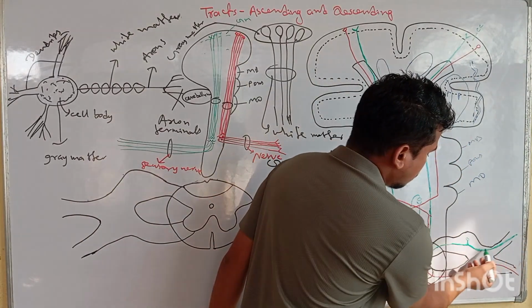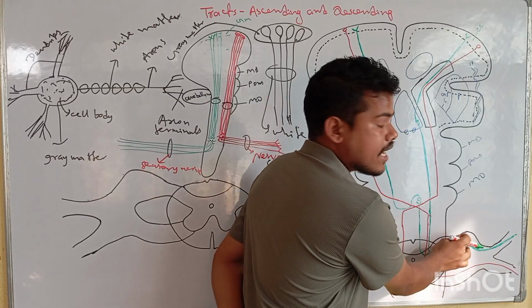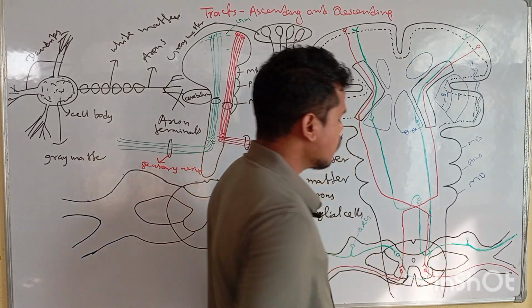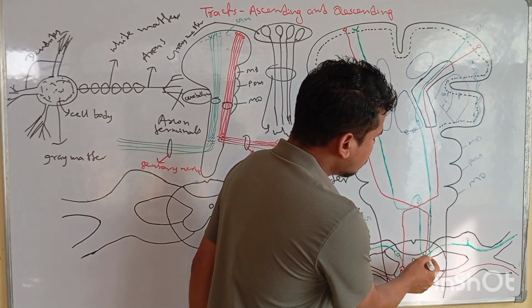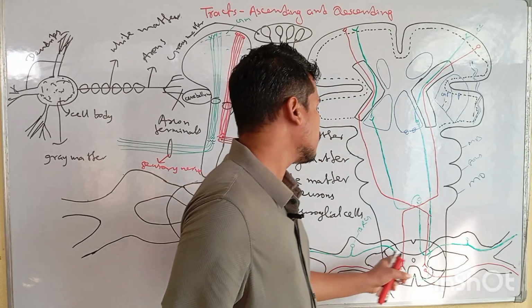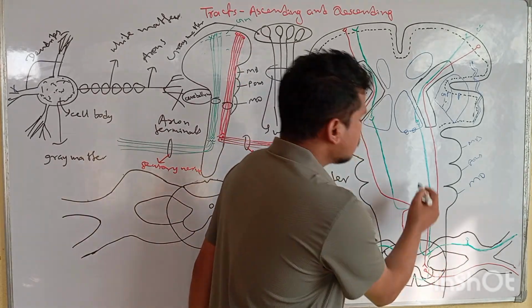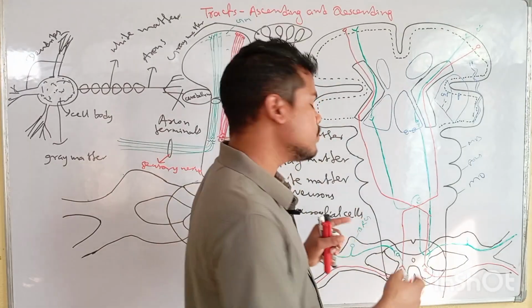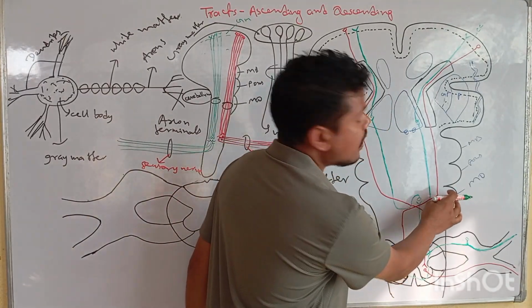And one fiber I have drawn of the dorsal column system. Let's suppose the fiber comes from the dorsal root ganglia, and this fiber of the dorsal column system will not cross to the opposite side in the spinal cord, but runs ipsilaterally on the same side up to the medulla oblongata.